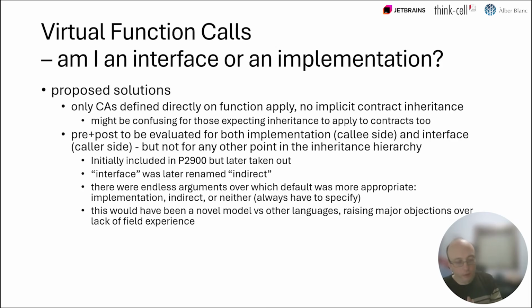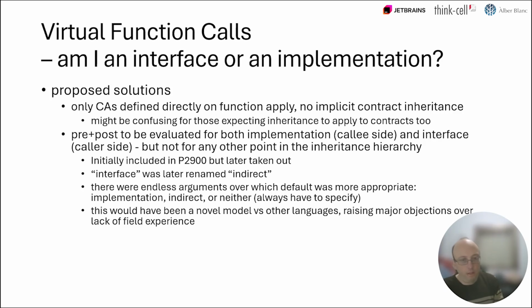Remember that slide about the caller side and the callee side. You can look at the caller side as the interface. If you have a pointer to an object in order to get a virtual call, that would be your interface, which was later renamed to indirect.